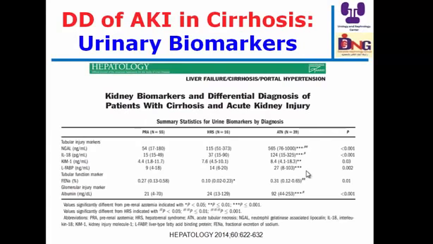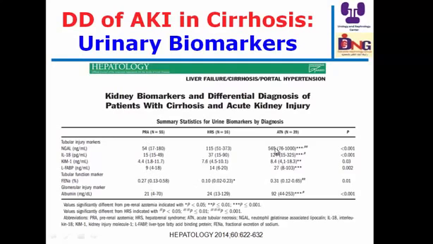The other biomarkers in urine may include NGAL, interleukin 18, kidney injury molecule 1, liver fatty acid binding protein, and albuminuria. Here you'll find the values are very high in acute tubular necrosis. Again, the fractional excretion of sodium is very low in hepatorenal syndrome, but it doesn't discriminate between prerenal azotemia and acute tubular necrosis.